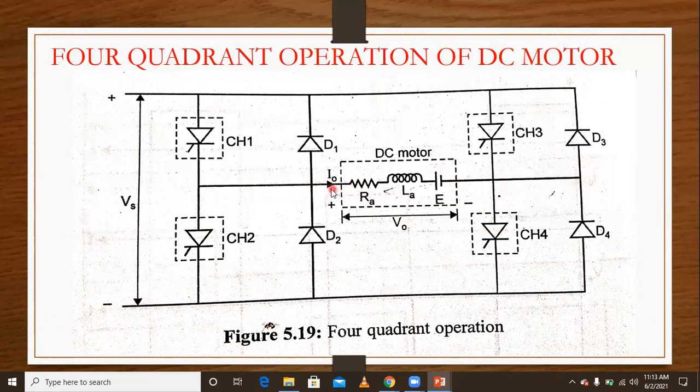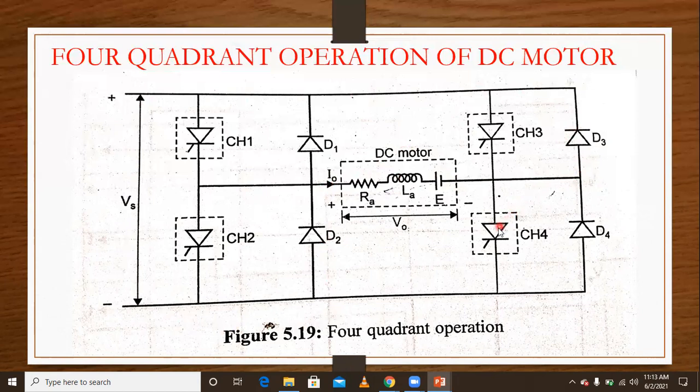The current direction is the same as the previous direction, but here it is connected like this. Understood? Simple concept.